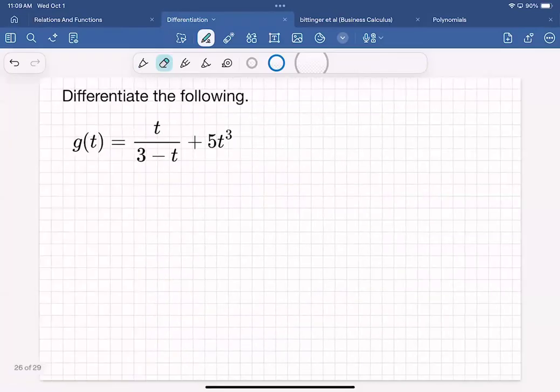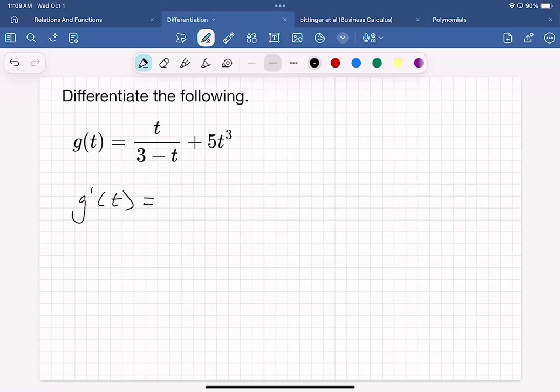All right, so let's go to the second one. We're trying to find g prime of t here. Now, this one was a little bit different than some of the other ones. Hopefully what you'll see here, though, is that when we go to differentiate this, make sure you see we're doing it with respect to t now.